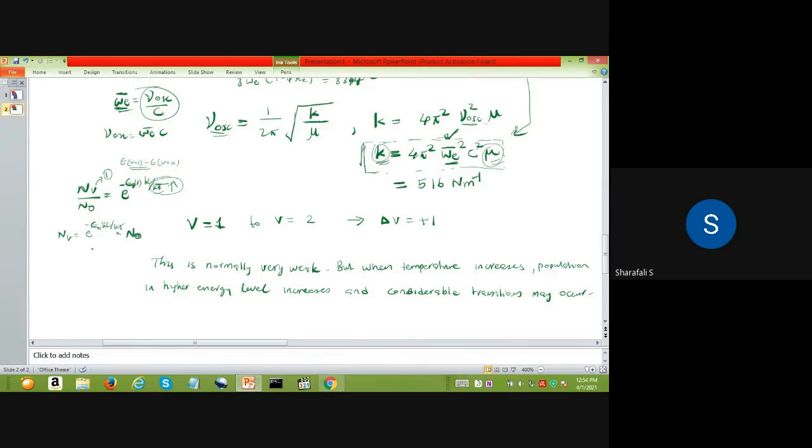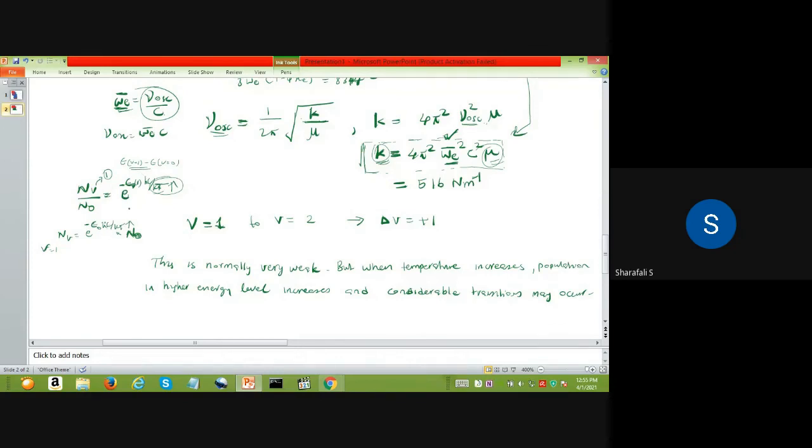This is your population. So at V equal to 1, you will have N1, which will be equal to e to the power minus epsilon 0 of V by hc by kT. When T increases, the term in the exponential decreases, and you are taking the exponential of minus that, which means the exponential decay rate will be reduced.